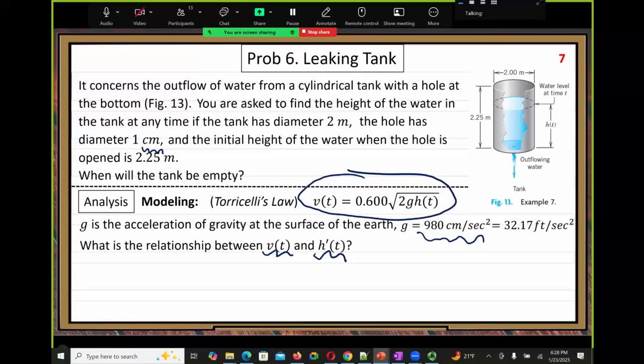So we need to find another, independent function. That's why we want to explore the relationship between v of t and h prime of t. If you can find this relationship, you can replace v of t by a certain form of h prime of t. Then combine with the first equation, and v of t is gone.